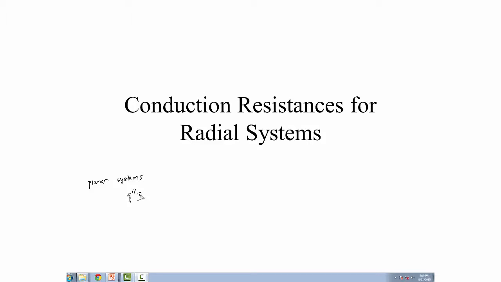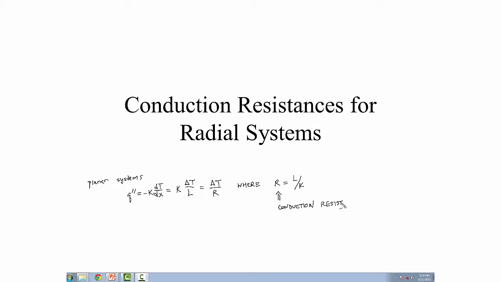We said that Q is equal to minus K dT/dx for a planar system, and that this can be thought of as K delta T over L. We said that this can be put into resistance form as delta T over R, where this resistance, R, is equal to L over K. So this is a conduction resistance in this one-dimensional planar sense.